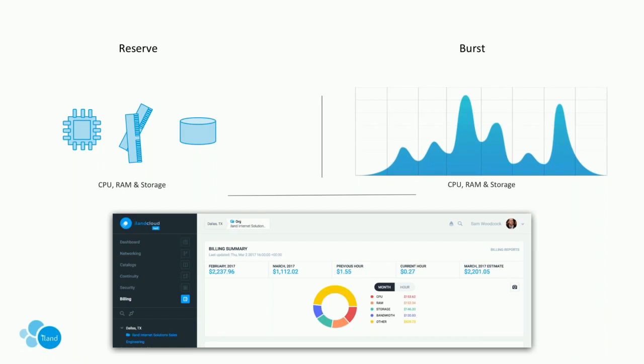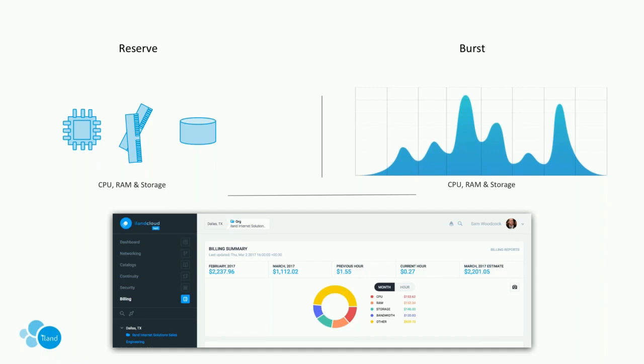But you might have a small subset of virtual machines, such as for test dev or for month-end reporting, which actually do see quite significant spikes in CPU, RAM, and storage utilization. So what you would do in that case is you would reserve the CPU, RAM, and storage for what you expect your typical month to look like.